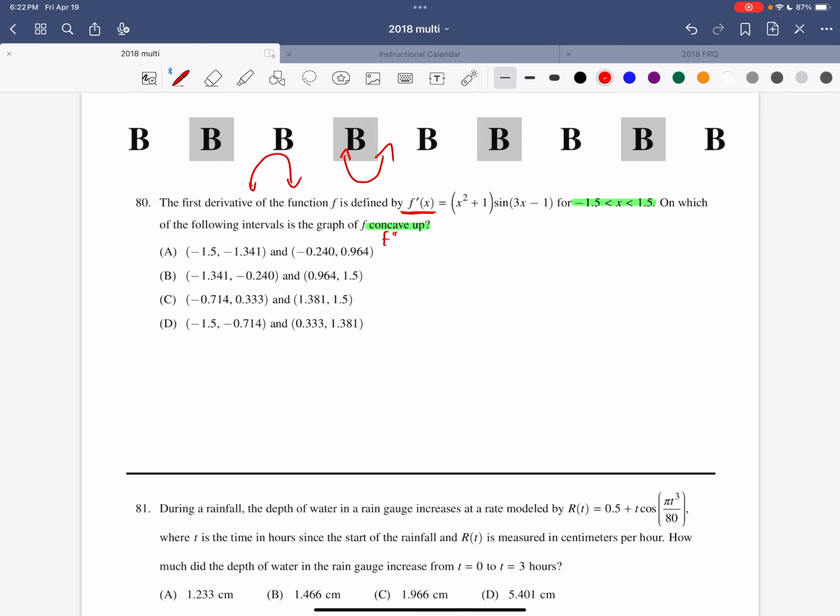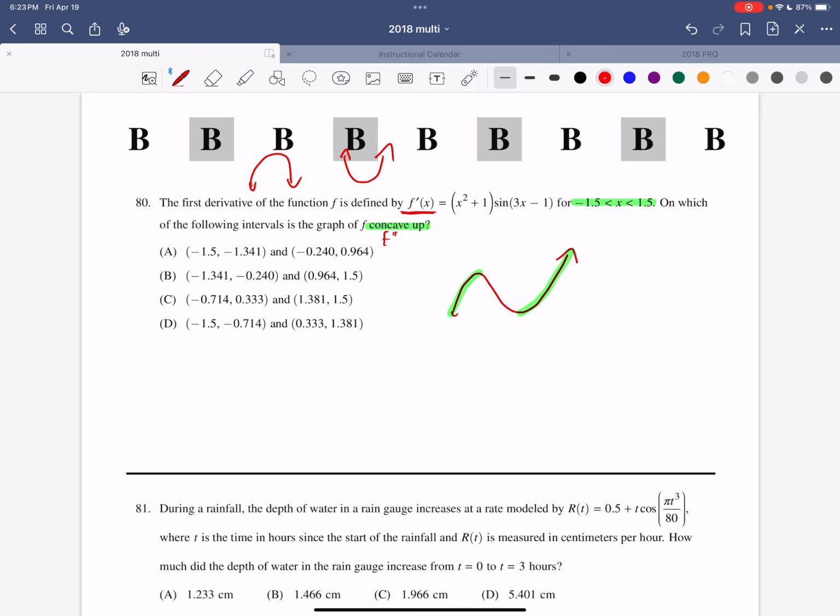So when, let's say you put this one into a graph, and let's say you have a graph like this. Concave up means positive slope. So you're not looking for this concavity. You're looking for positive slope from here. That's the concavity. So when you actually have a graph like this, you're looking for this positive slope and this positive slope.